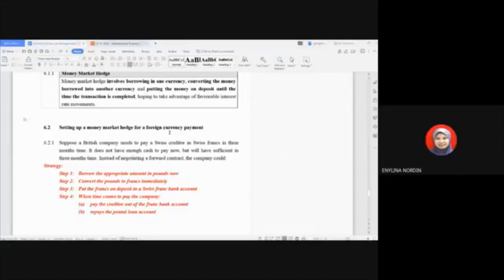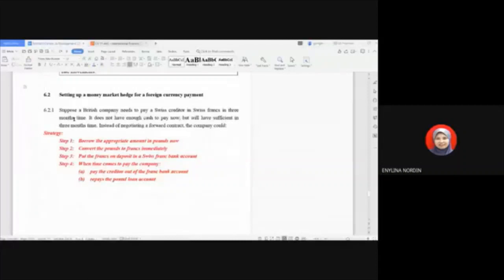So now this is a simple example. Let's look at the strategy of money market hedging for foreign currency payment, when we have to make payment for our import to the foreign supplier in foreign currency.